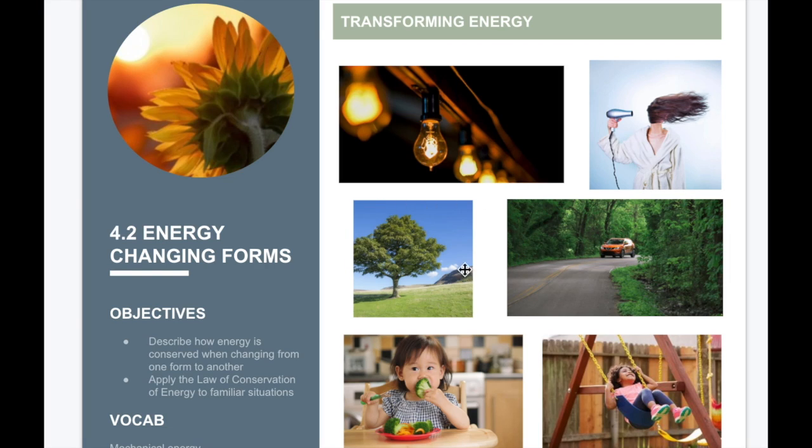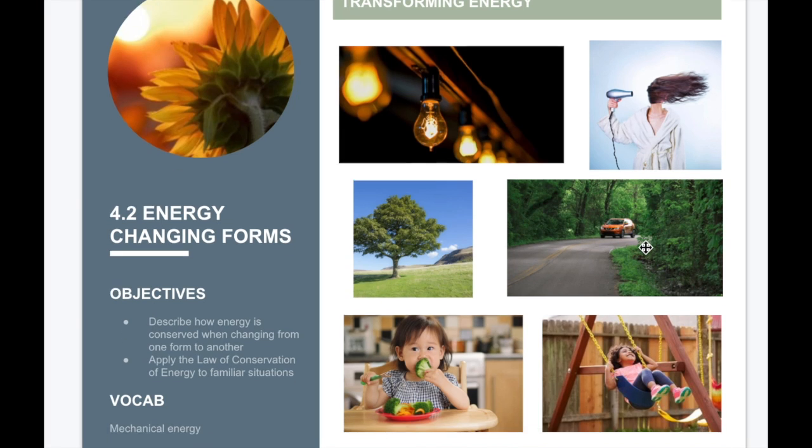Okay, here, this one, a tree growing is what this image is supposed to represent. So it's taking radiant energy or light energy from the sun and it's creating chemical energy. Okay, so it's creating chemicals that we could later go and burn. Okay, here we have a car driving, so the gasoline is burned, so it's chemical energy, and it's converted into kinetic energy because the car is moving.